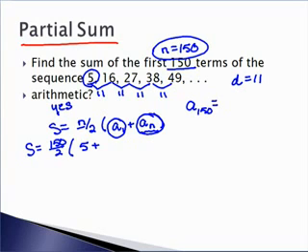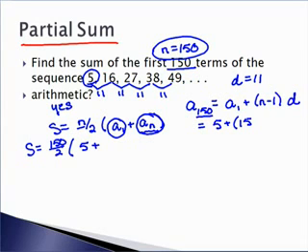Remember, our formula was you take the first term plus n minus 1 times the difference. My n is 150. The value of the first term is 5. In for the n, I put 150. And do I know the difference? Yes, I do. The difference is 11.